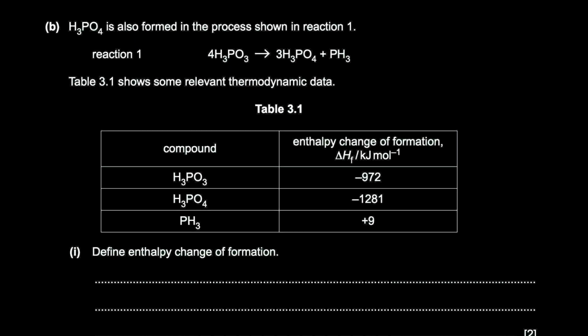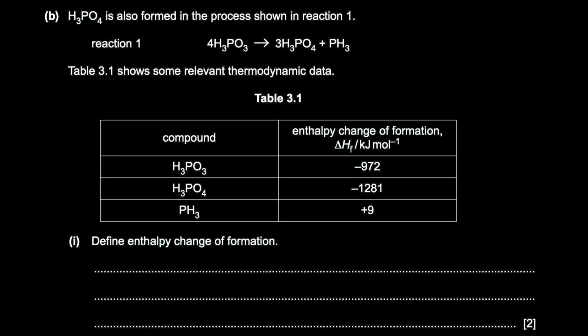Part B says phosphoric acid is also formed in the process shown in reaction 1. Table 3.1 shows some relevant thermodynamic data. Here they've given you the data on the enthalpy change of formation of the reactant and the products. The first part says define enthalpy change of formation.